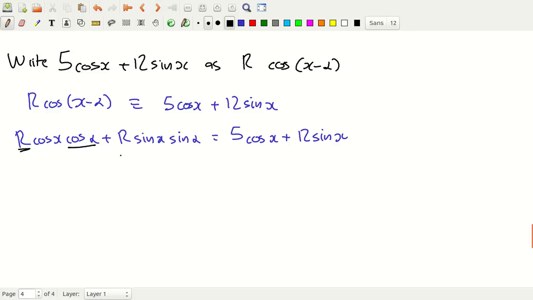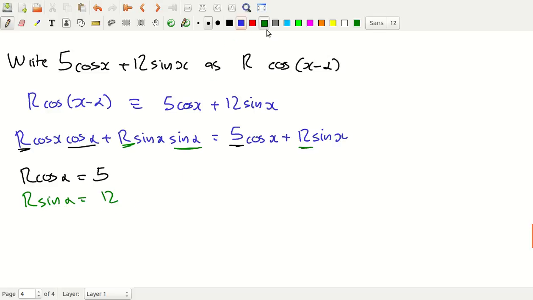So the number of cos x's on the left is r cos alpha, and that should be 5, giving r cos alpha equals 5. And for the sin x, we have r sin alpha on the left and 12 on the right, so we get the second equation we'd like to be true, which is r sin alpha equals 12.